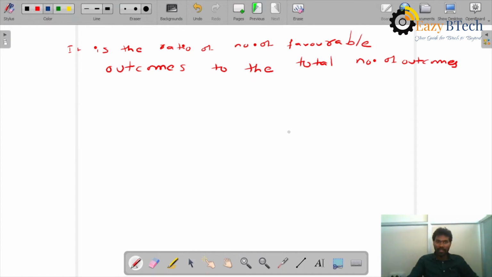Here, total number of outcomes means it is nothing but the sample space.